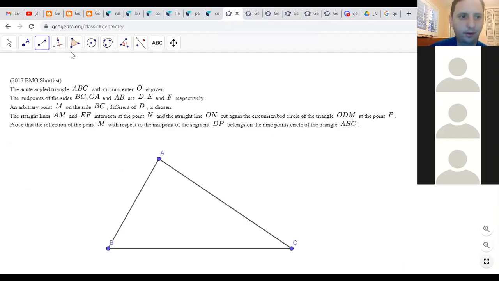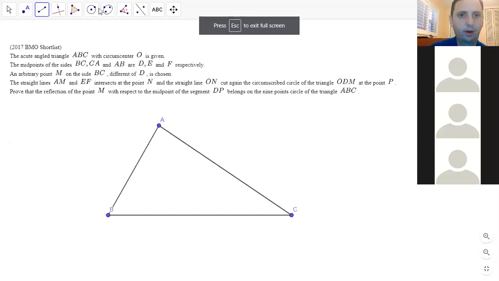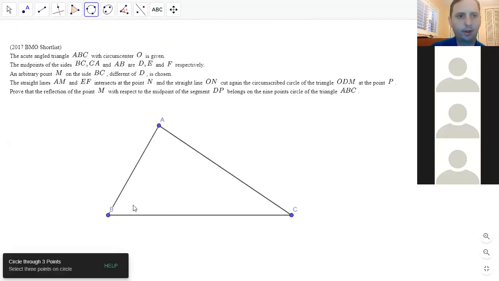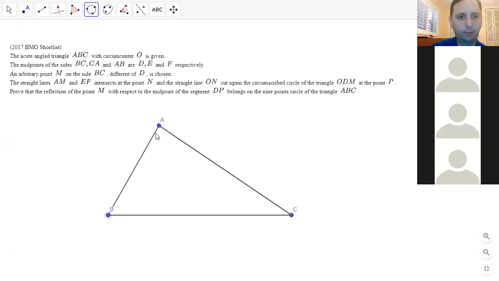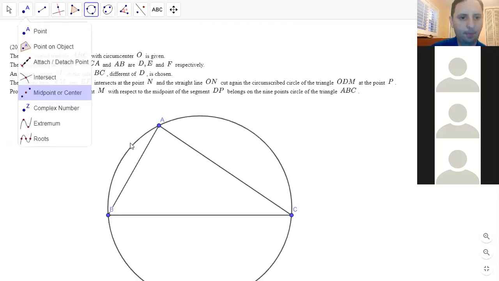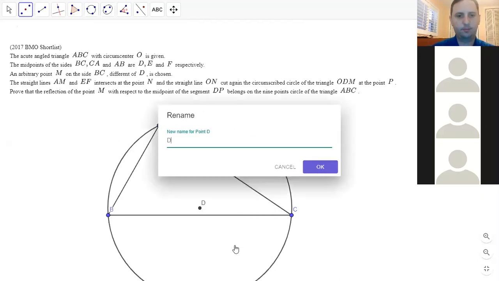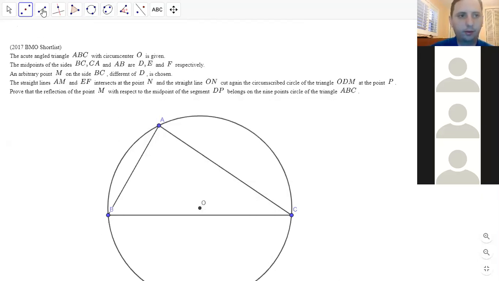So here is the next problem. So Con, this is the one that you sent me. So we have an acute triangle with circumcenter O. All right. Then the midpoints of the sides are D, E, and F. So BC, CA, and AB.